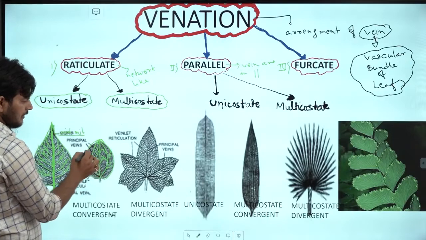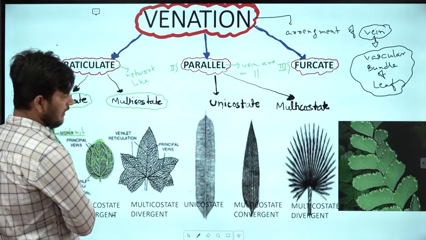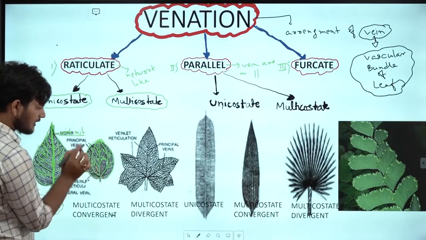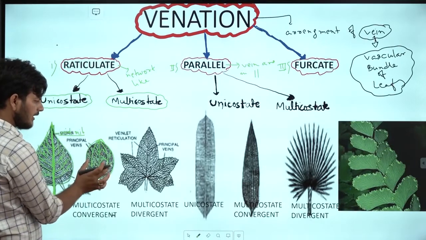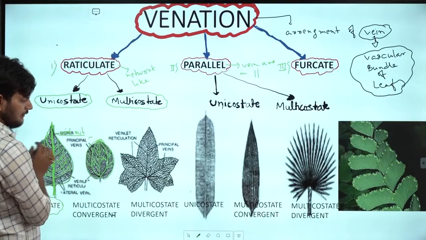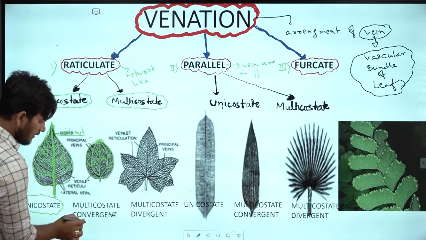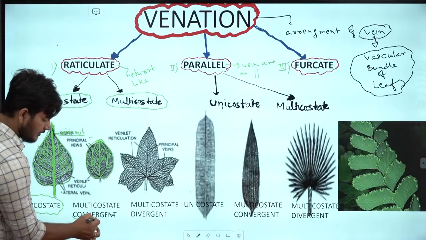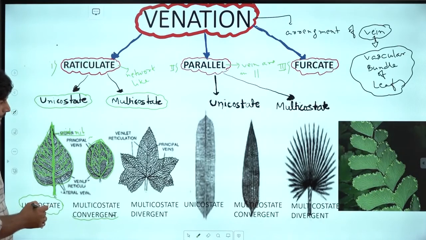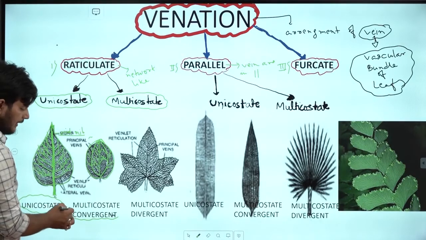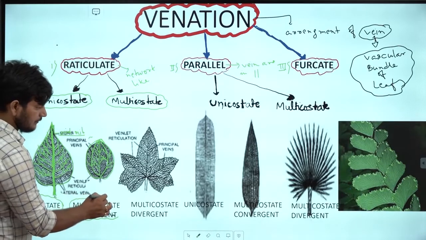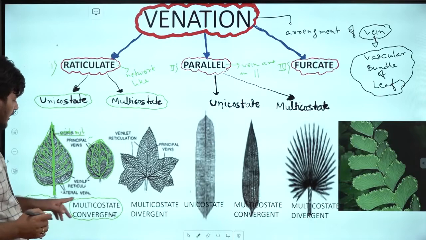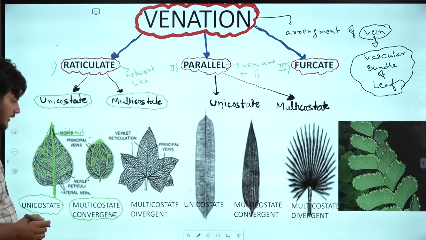All the veins are converging at another tip. Since all the veins are converging, it is called convergent, and it is called a multicostate convergent reticulate type of leaf.